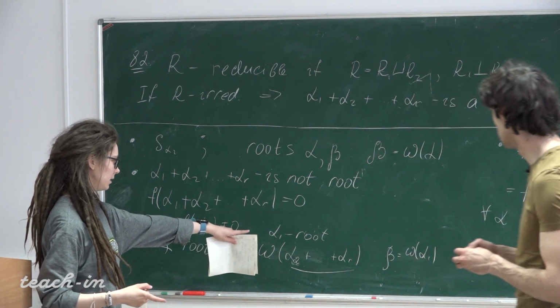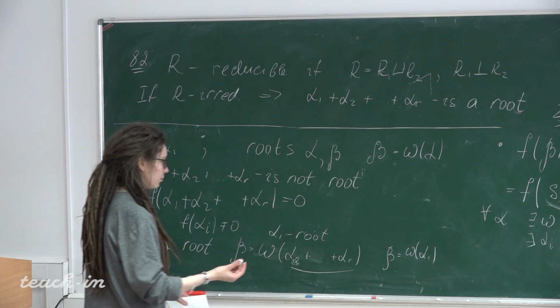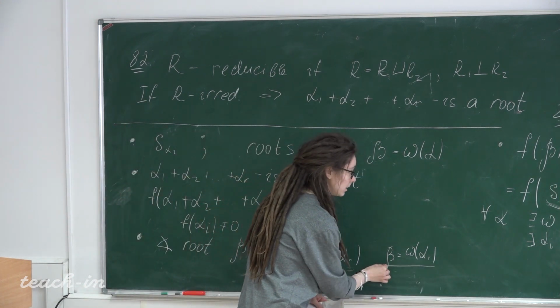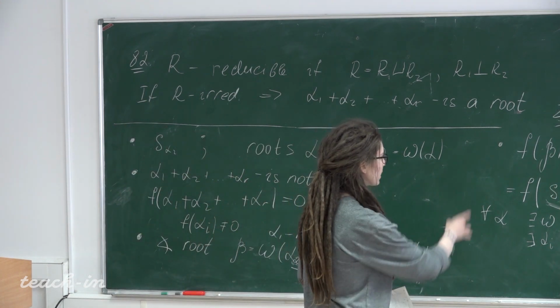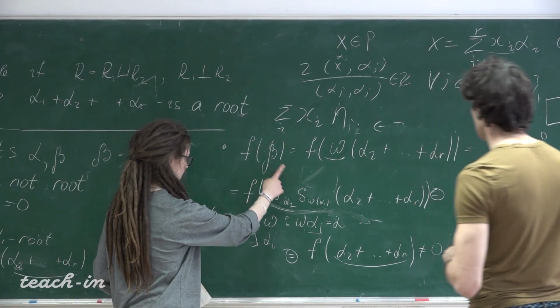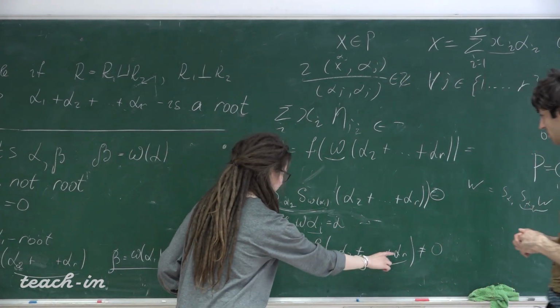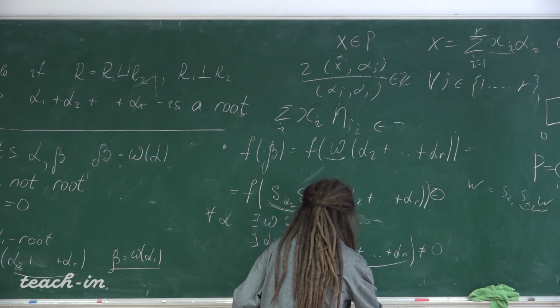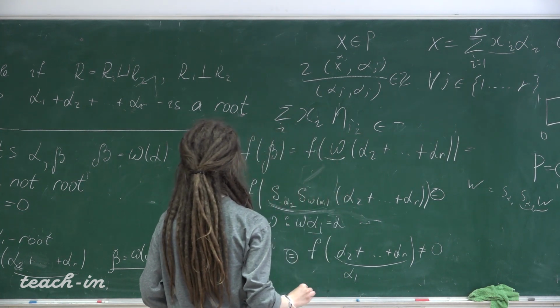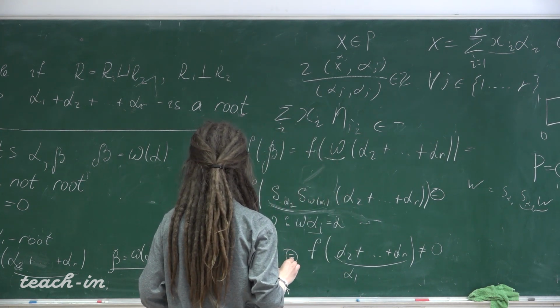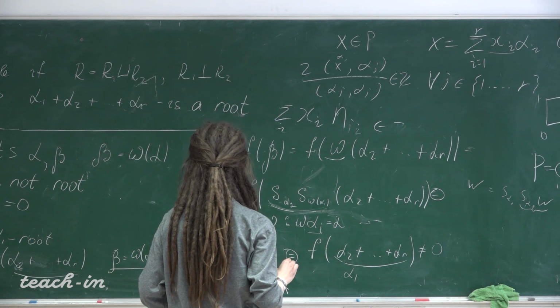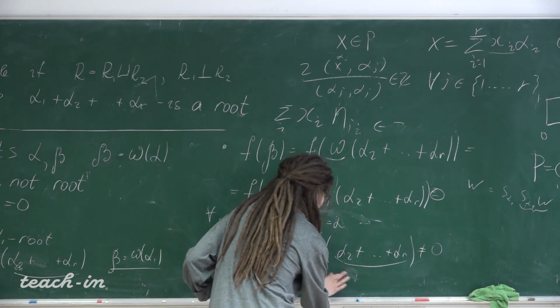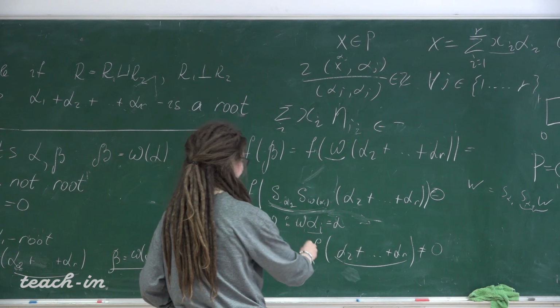I also didn't like this, so I offered to use induction, doing this and considering the same, but instead of beta it will be alpha 1. No, I want to consider not by induction, but like this.